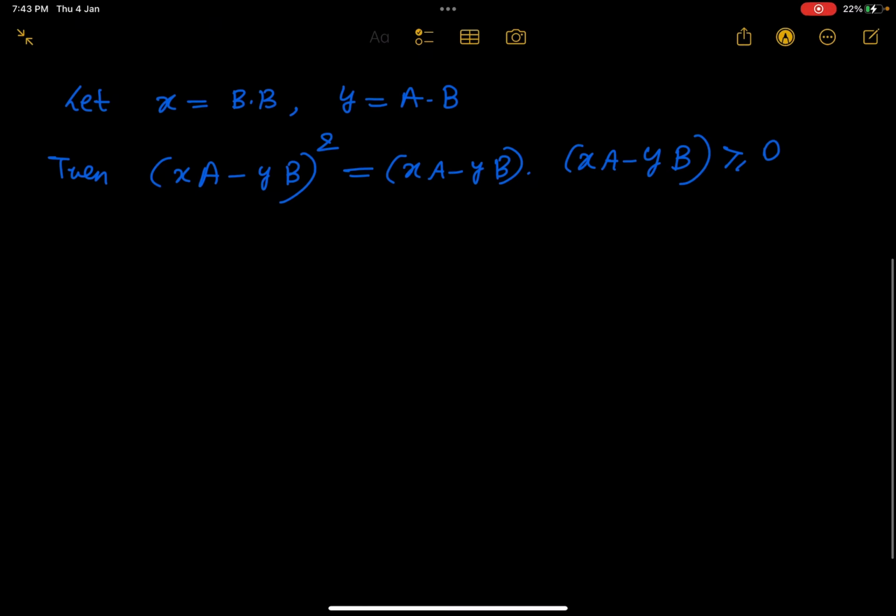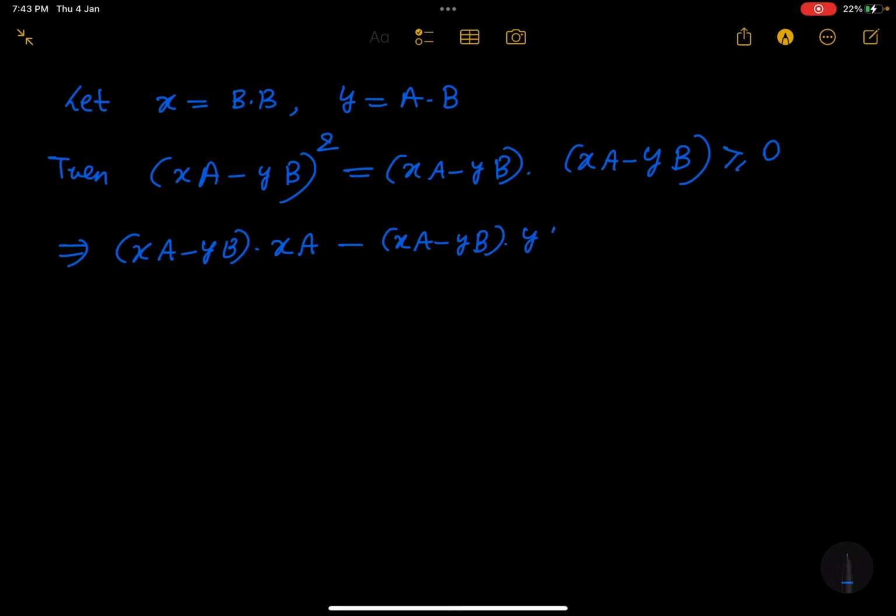Now you use the dot product rule, basically the distributive property. So multiply this with this and this. This is (xA minus yB) dot xA minus (xA minus yB) dot yB, which is bigger than or equal to 0.